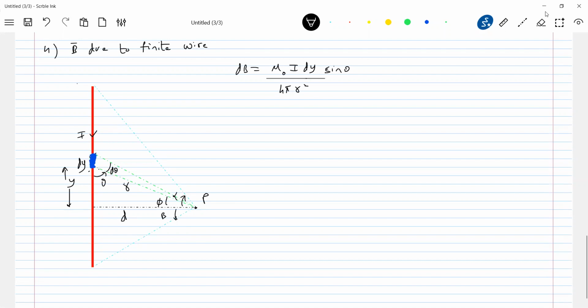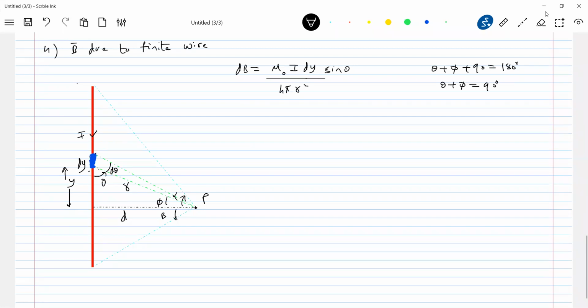So first we'll begin like this. We should replace theta with 90 minus phi, so sine theta I can replace in terms of cos.